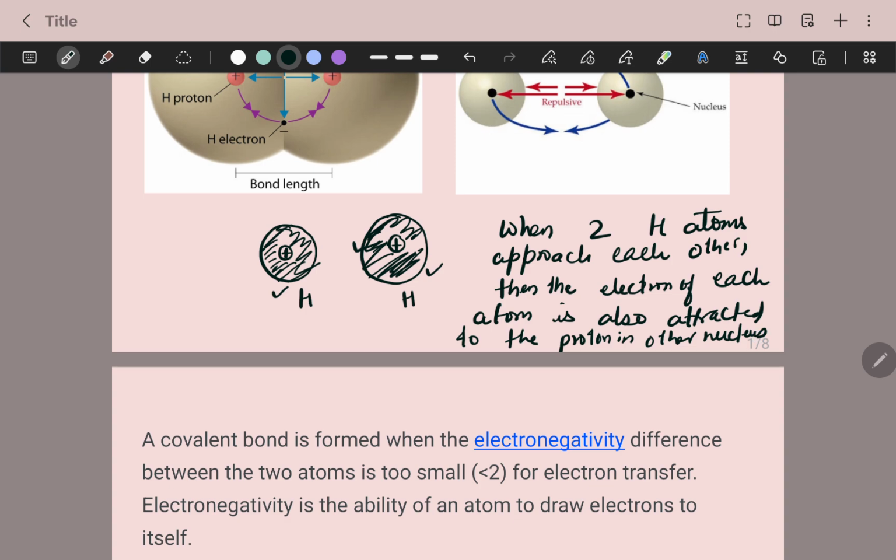Simple, positive attracts negative of the other also.